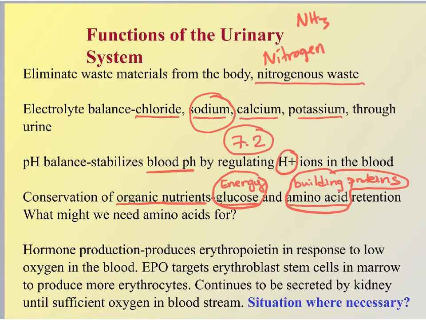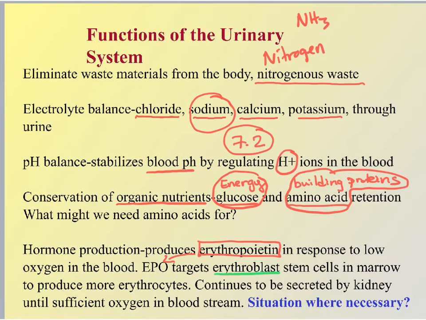And then lastly, the kidneys actually produce a hormone called erythropoietin. Sometimes erythropoietin is just abbreviated as EPO, and it's secreted by the kidneys in response to low oxygen in the blood. What it's doing here is targeting young red blood cells or erythroblast stem cells in the bone marrow.